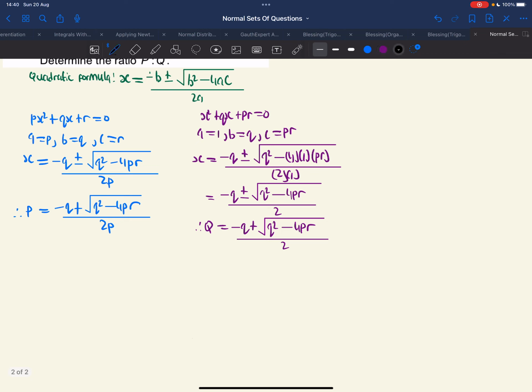Now they want you to find the ratio of p to q.